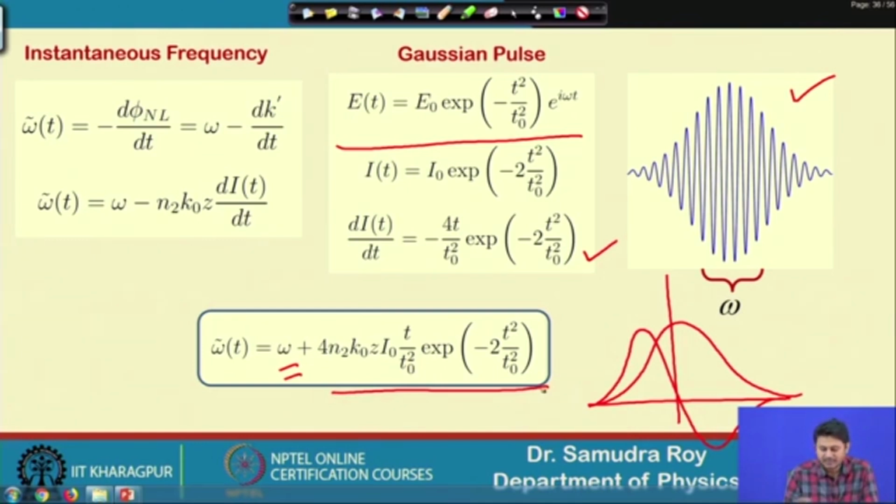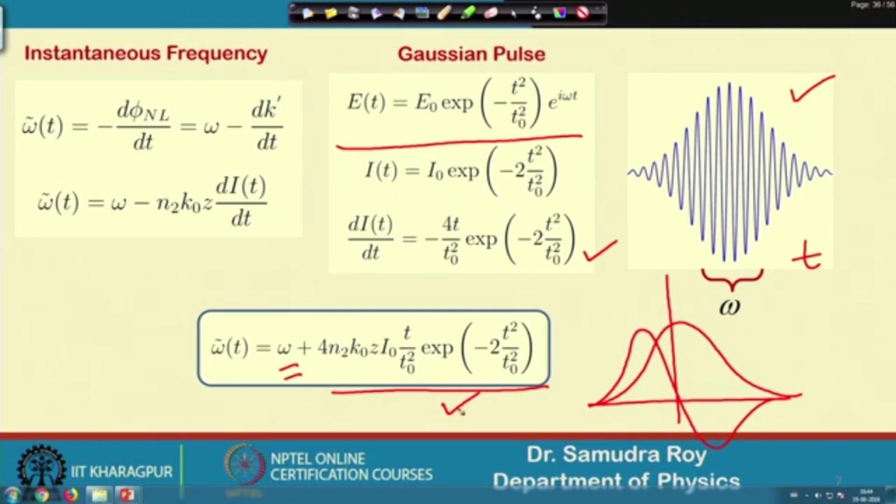If I go over time, the distribution of the frequency, which is uniform here, will not remain uniform because of this additional term. This is because in our system the refractive index is a function of intensity, and now intensity is a function of time.